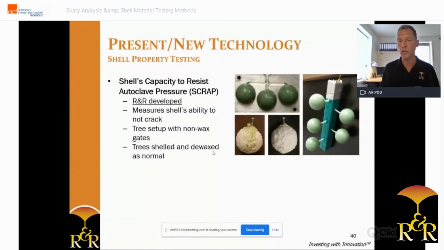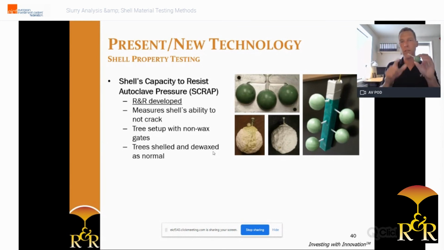And in line with this green permeability, R&R developed the scrap test, and it measures the shell's capacity to resist autoclave pressure. And the setup is quite pragmatic and simple, actually. We set up a tree with these small wax spheres, and if needed, we can supply you the tool so you can use your own wax, because that obviously has some influence here.